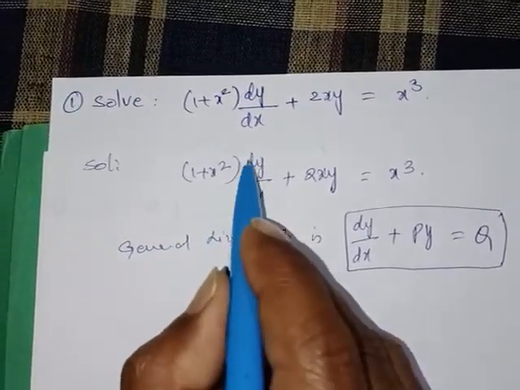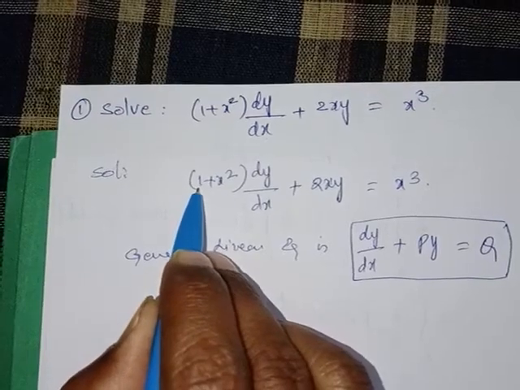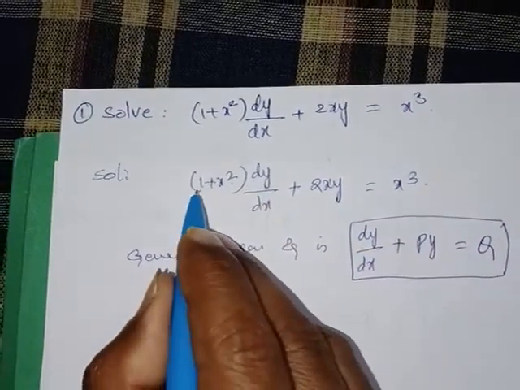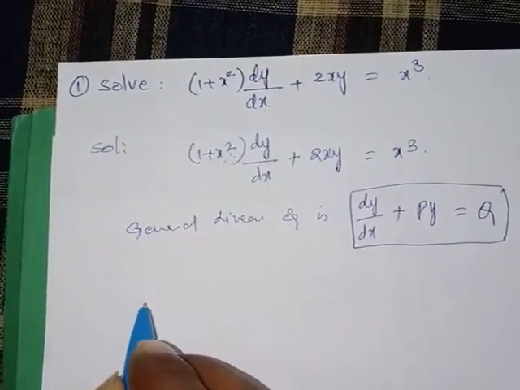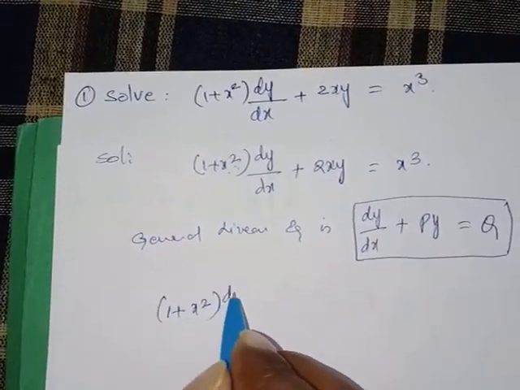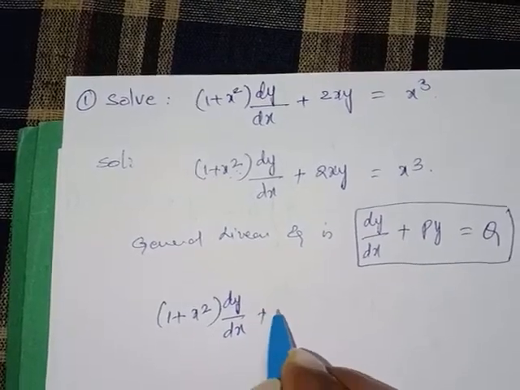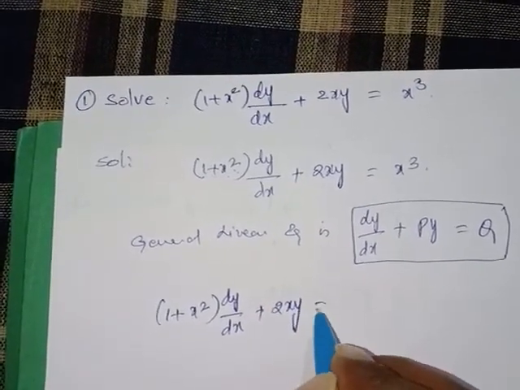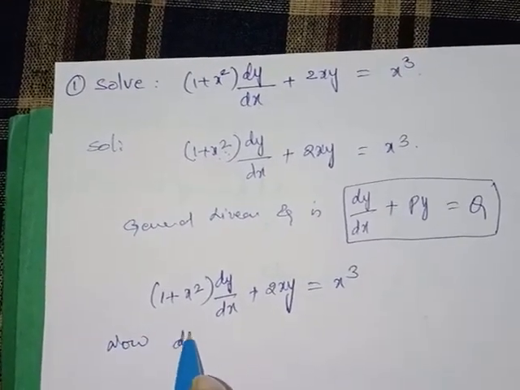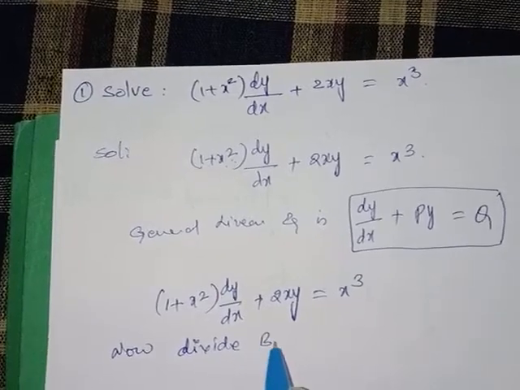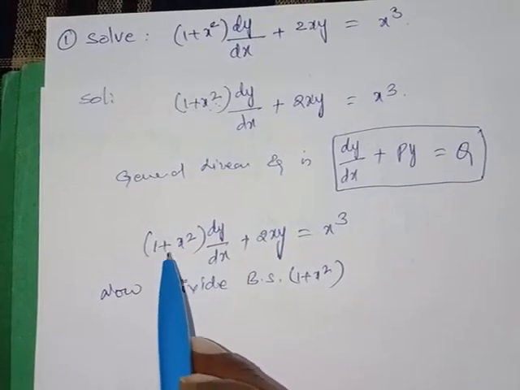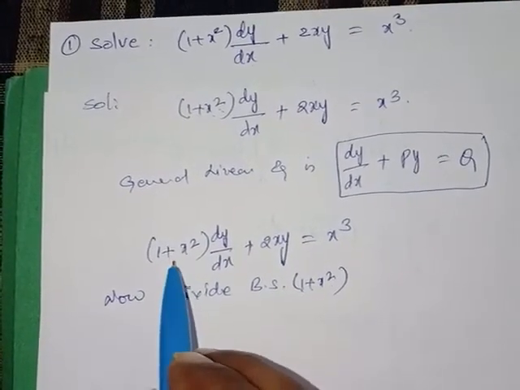For that, here dy/dx is multiplied by 1 + x², so divide both sides by 1 + x². Write down the given question: (1 + x²) dy/dx + 2xy = x³. Now divide both sides by 1 + x². Why are we dividing both sides by 1 + x²?